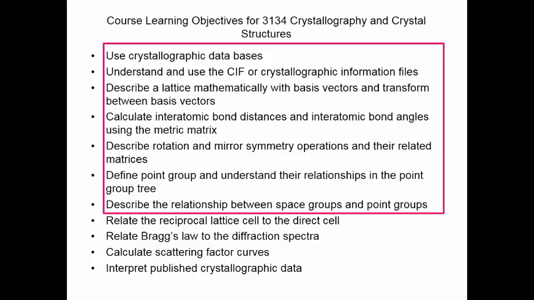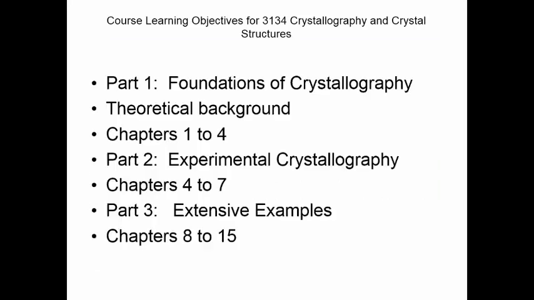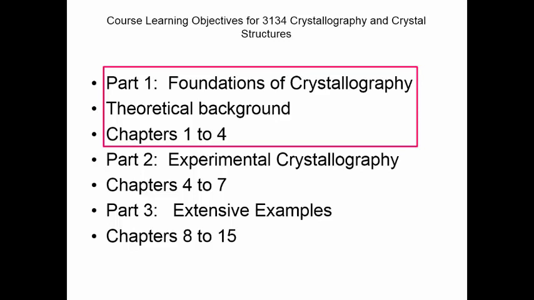The first group has to do mainly with the symmetries, and the second group relates more to the actual collection of the data. This course, essentially the book, is divided into 3 parts. First is the foundations of crystallography, which is the theoretical background in chapters 1 through 4.